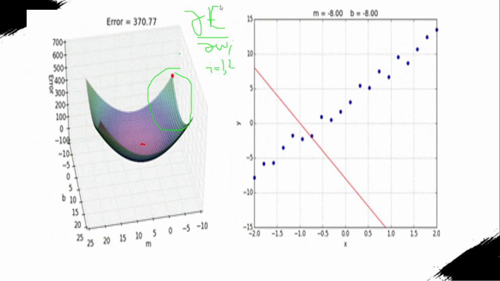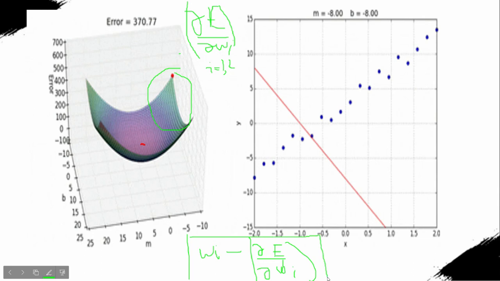This is a very large quantity, so wi minus del E by del wi would be a very large quantity. So there would be a large change in this quantity from w1, and this would actually take large steps.